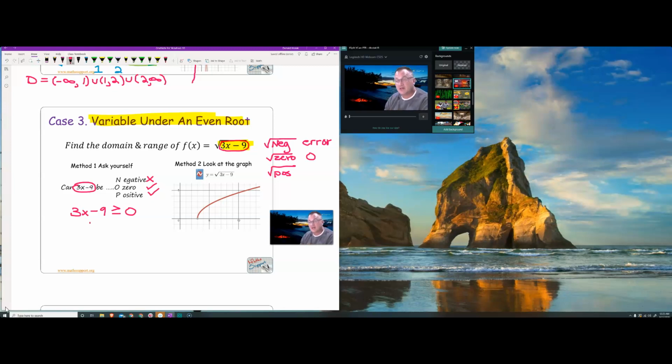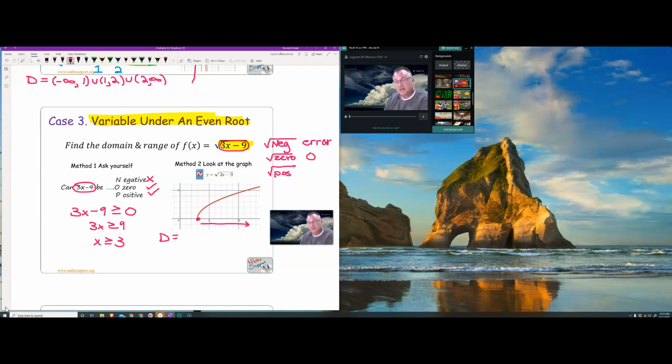So I add 9 to both sides. I divide by 3, and I get x is greater than or equal to 3. So you can see that this graph, the domain, is greater than or equal to 3.